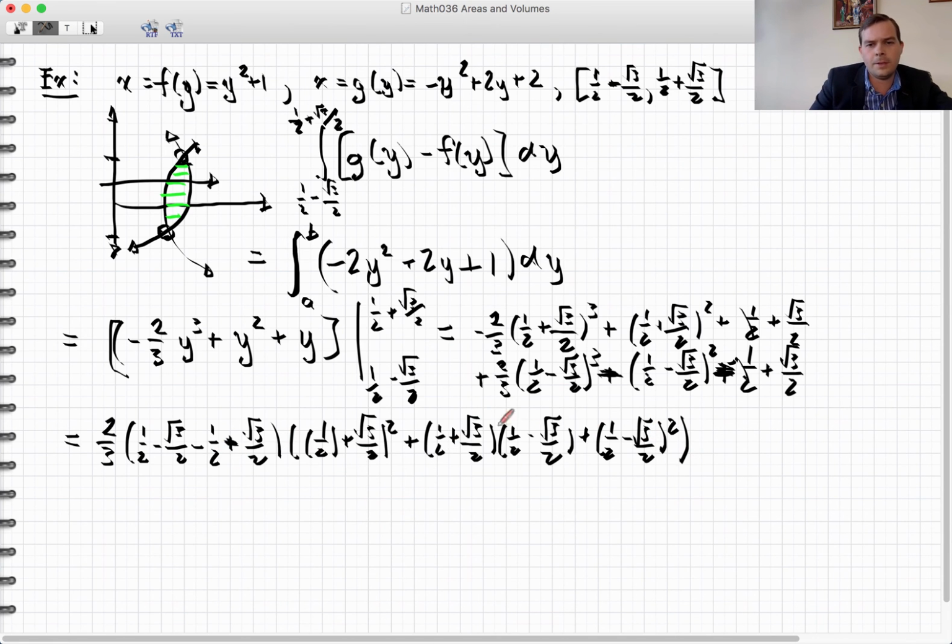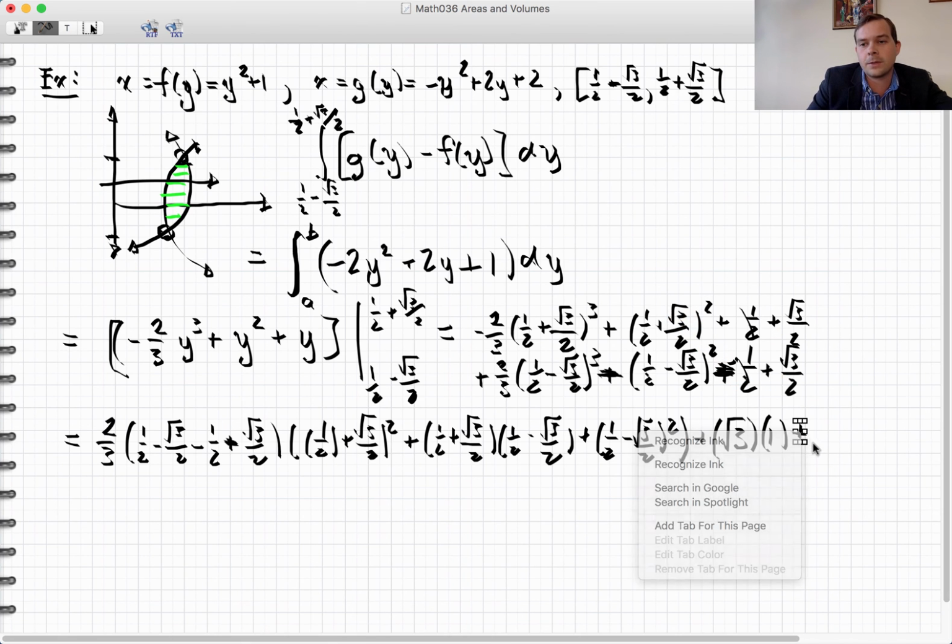So that would be the cubic term, and then I'm going to have plus, I have a difference between two squares here, and the way they line up, I'm going to have 1/2 plus square root 3 over 2 minus 1/2 plus square root 3 over 2, and so I'll get a net square root 3 times a net 1, because that'll be the 1/2 plus 1/2, and then the minus terms will cancel out.